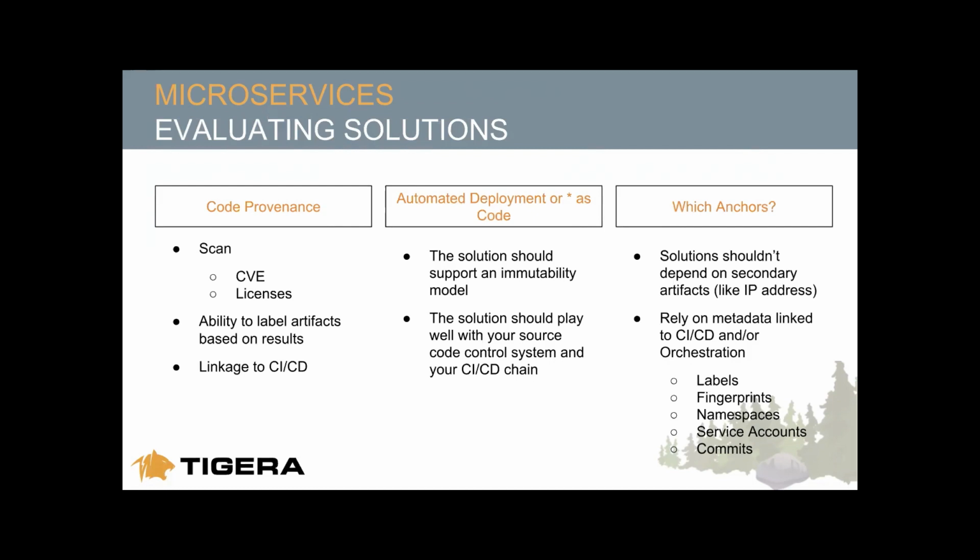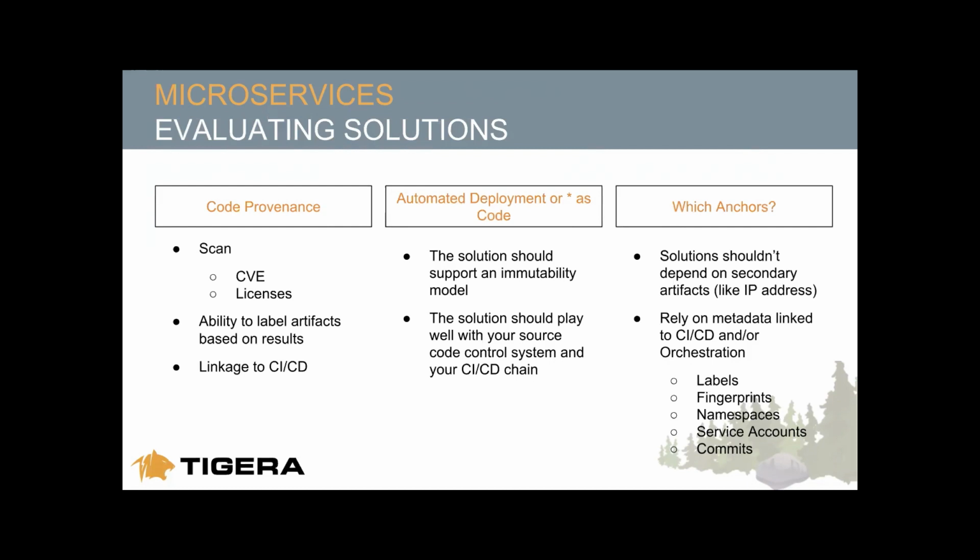So you probably want to be doing scanning, and you can do this in your repo, like Quay or Docker Hub or your own private repos. You could do this as part of your CI/CD chain, etc. But this is probably something you want to do, and it's not just a scan once. It's a continual scan. So you're going to scan for CVEs. You're going to scan for licenses. You may do static code analysis if you're really into that as well.